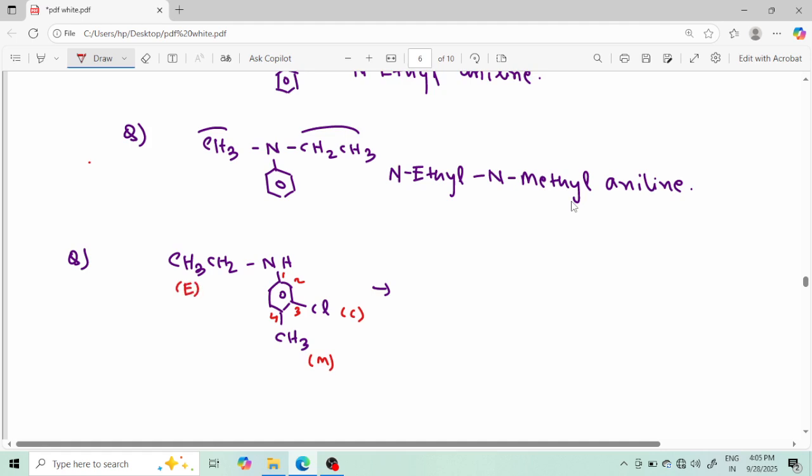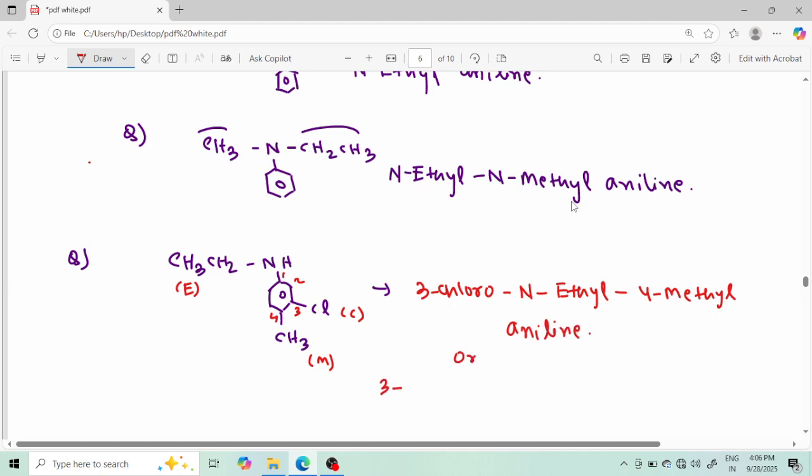Which one comes first alphabetically? Chloro. So I'll write 3-chloro, then E comes next, so here I will write N-ethyl, and then 4-methyl, aniline. Again I am saying, in place of aniline you can write benzene amine also.